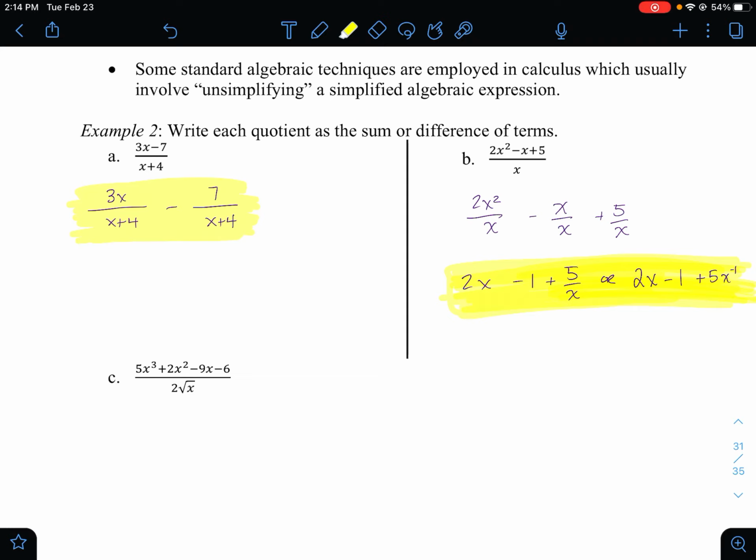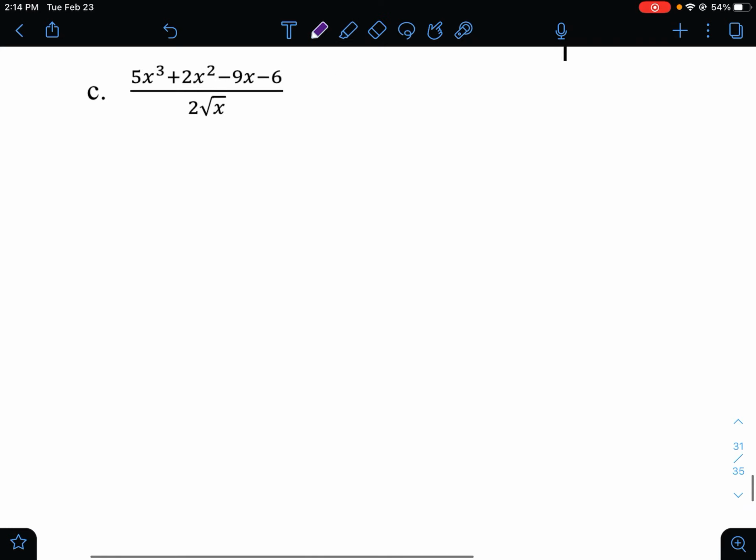All right, and this last one, look how fun this one looks. So again, I'm going to separate this. But one thing I will say is, since I automatically see x values in the numerator and this radical in the denominator, but under the radical is an x, I am going to rewrite that denominator as to the 1/2 power whenever I split this up.